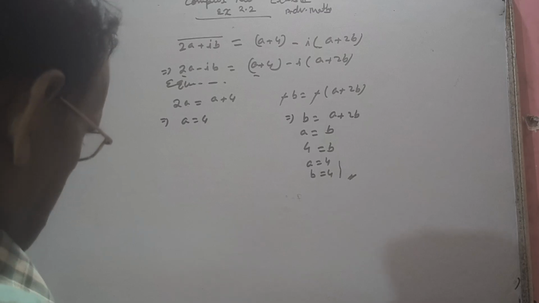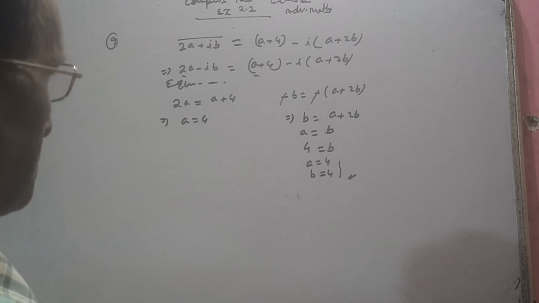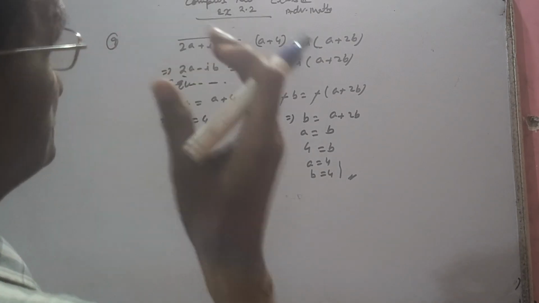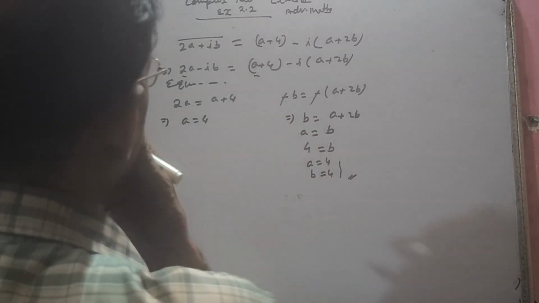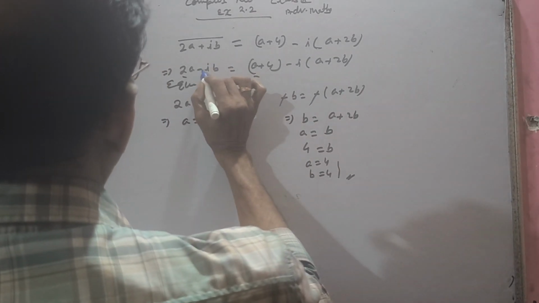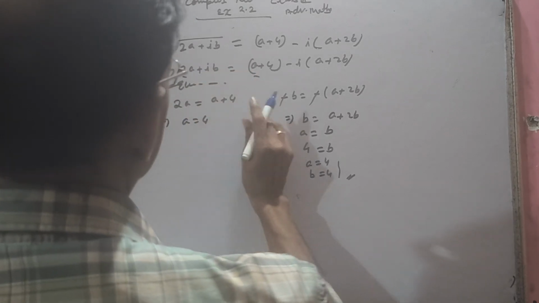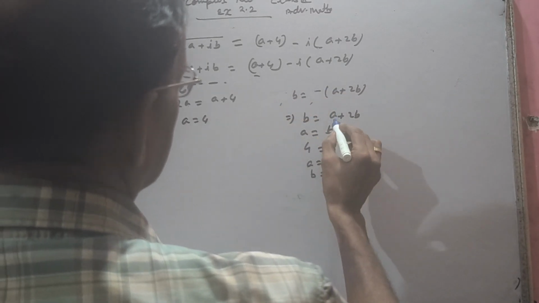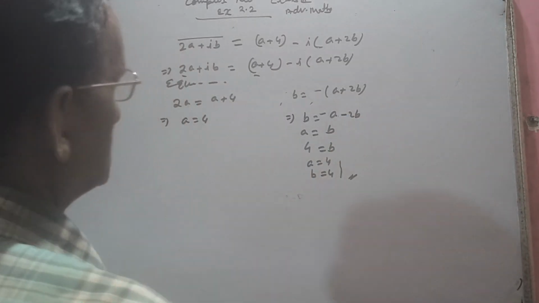Okay, now can we go to the next number? Number 10. Is anything wrong here? a equal to 4, and here this sign is minus, why did I give it here? This sign is plus, sorry, this is plus, this is minus, and this is minus a minus, sorry, minus 2b.